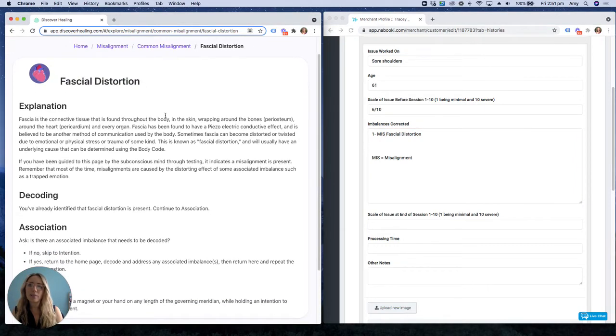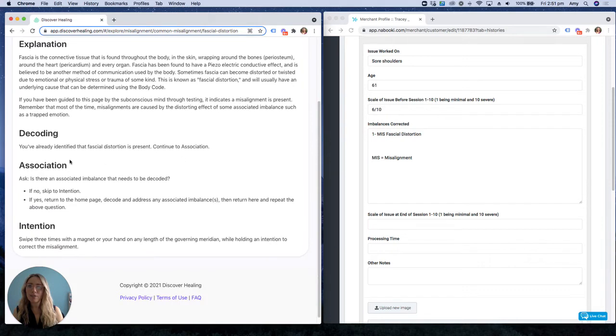Now with this, we have a little bit of an explanation. Fascia is the connective tissue that is found throughout the body. During a session, sometimes we'll explain some of these things. Some of them are self-explanatory and we keep moving on so we can release and correct as many imbalances as possible in the session. Now I'm going to come down here to association.